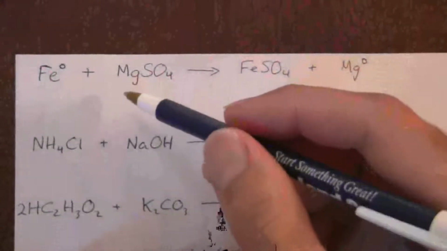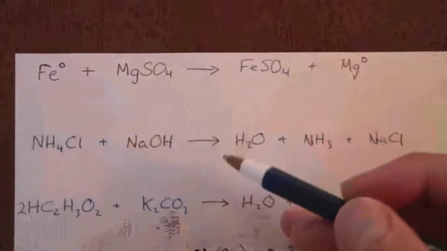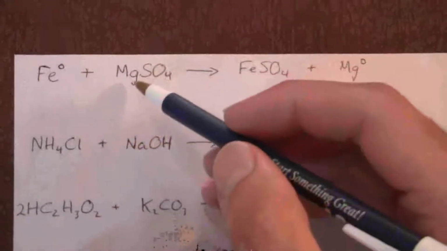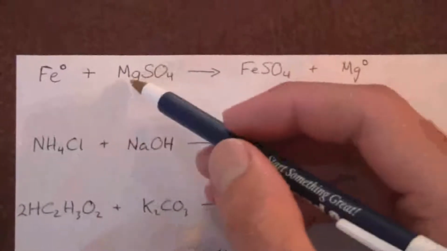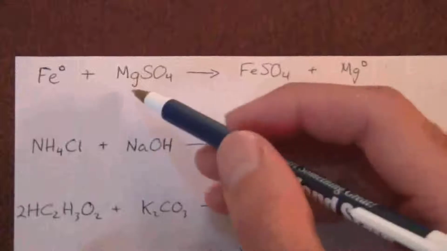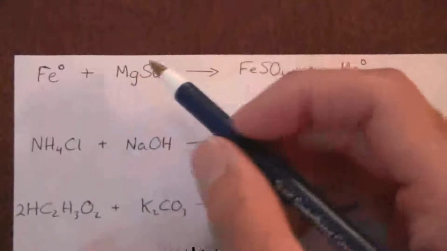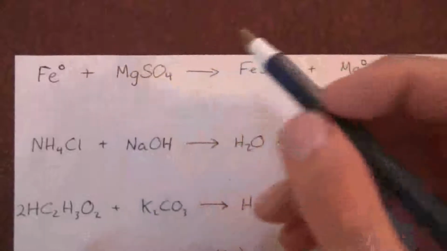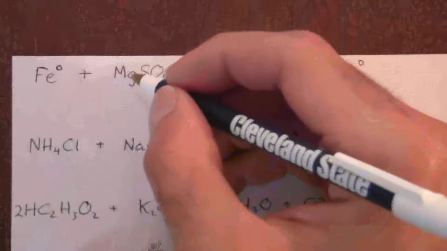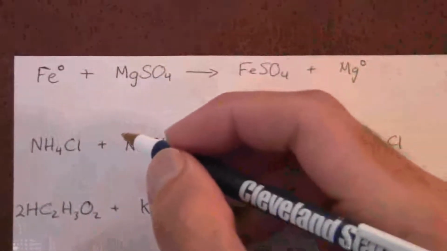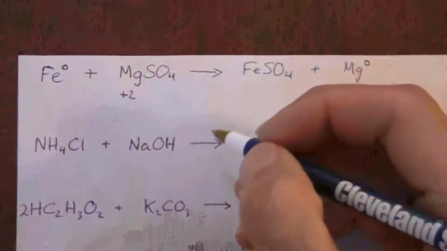But when they are combined in a compound, it is not 0. In this case, for the metals, it's just going to be the charge of the metal. Magnesium always has a +2 charge, so the oxidation state here for the magnesium is a +2.